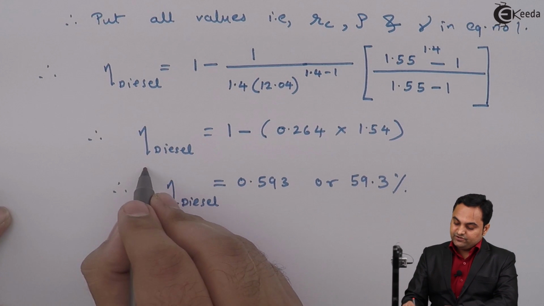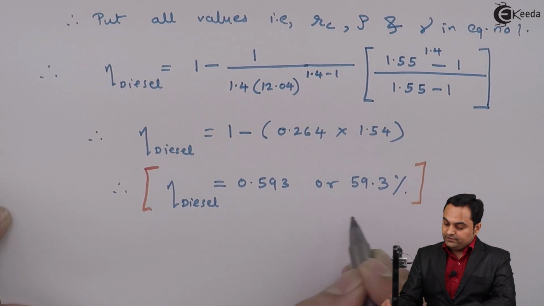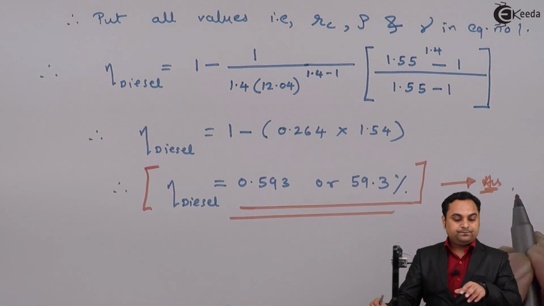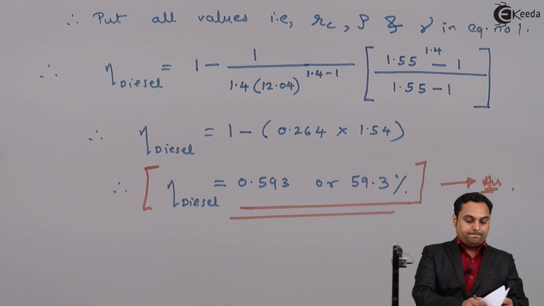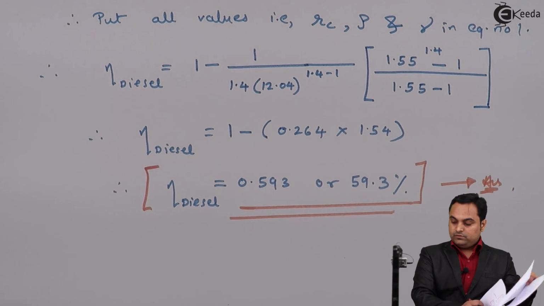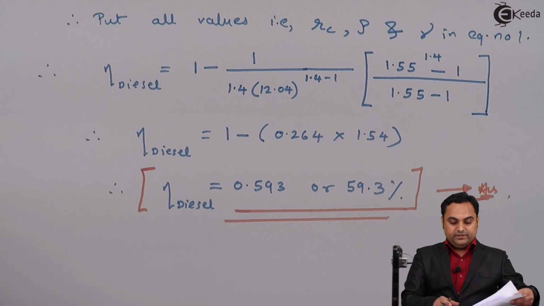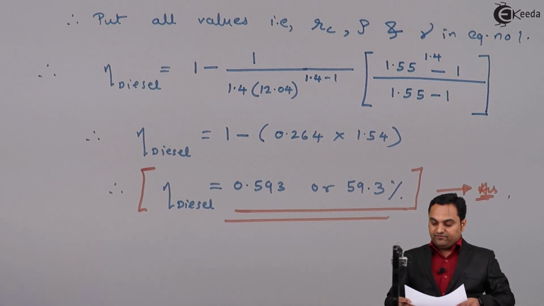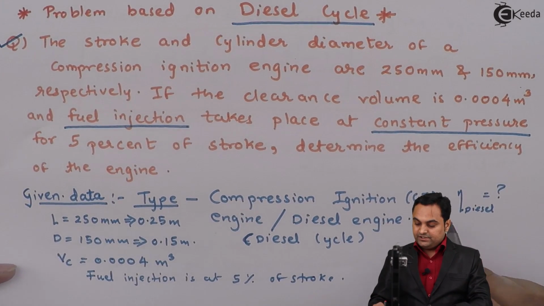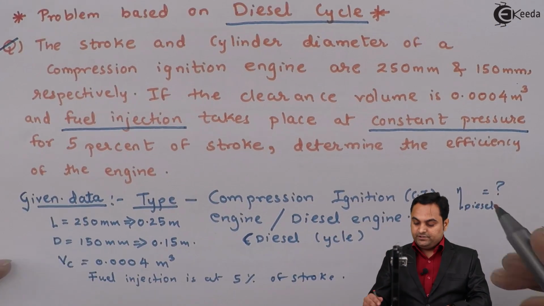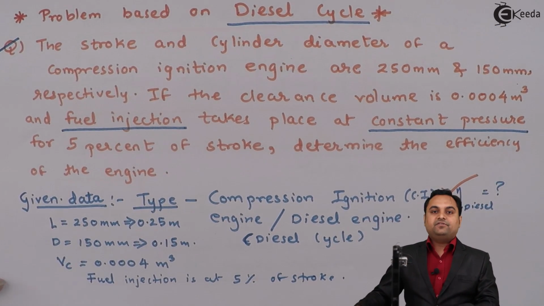So that is the efficiency of the diesel cycle which was asked in the question. The question was to calculate the efficiency of the given diesel engine, and this efficiency we have found out, it is 59.3%, and with this the problem is completed.